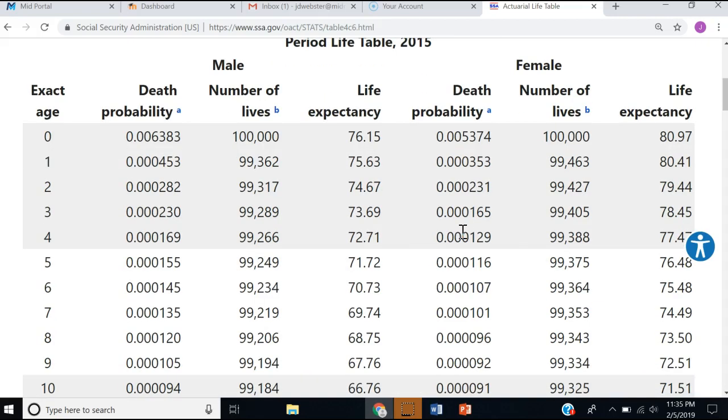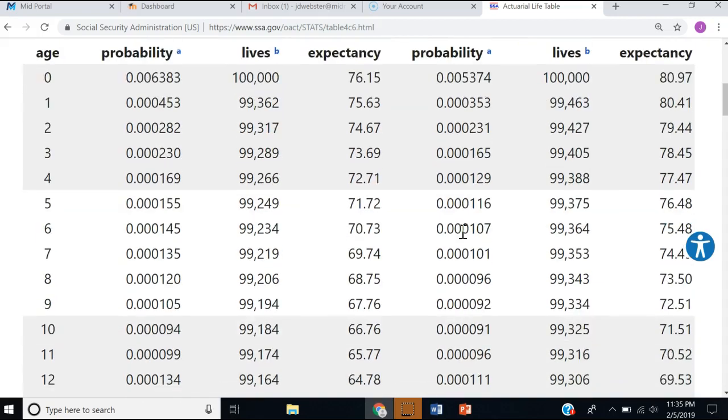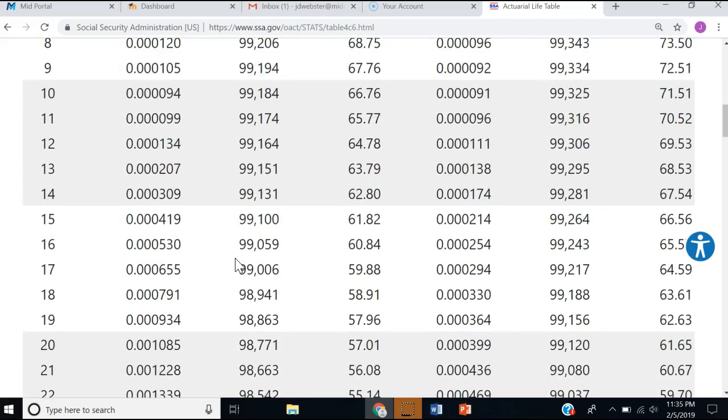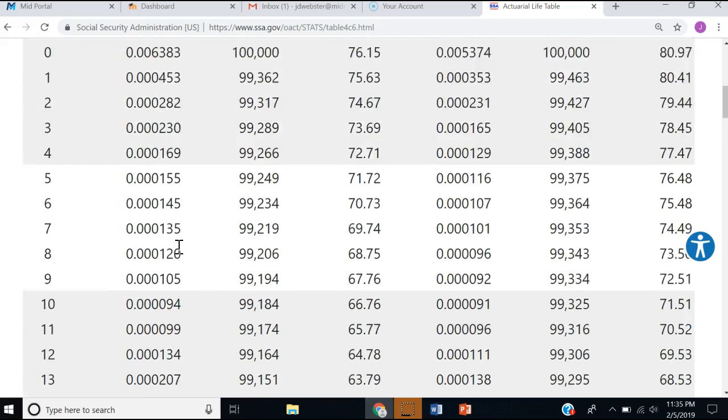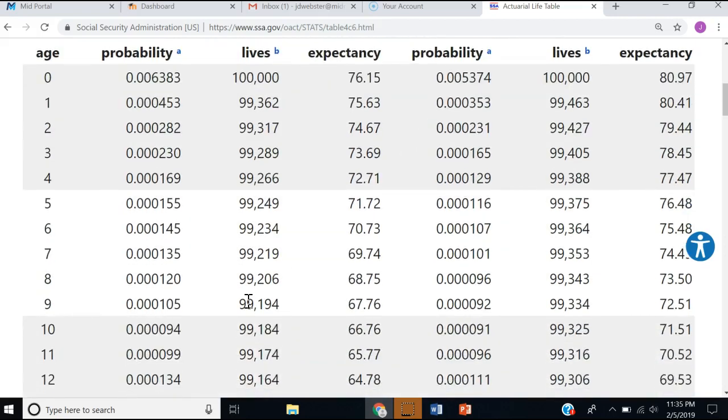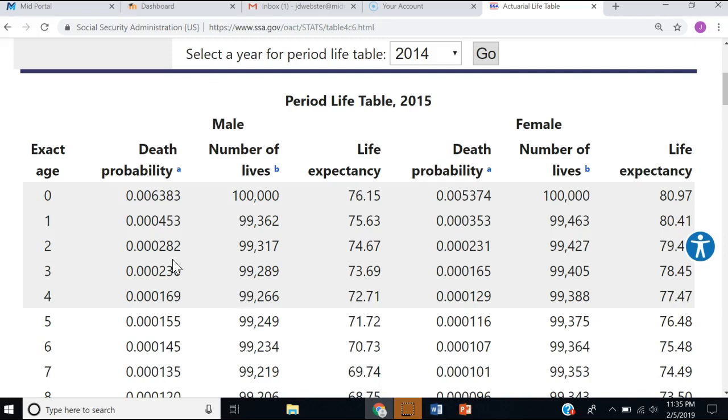There might be one age that's different, but I think for every single age, the probability of dying is higher if you're a male. So even at birth, males have higher death rates than females do. These are, again, children who were born. So at every single age, males are more likely to die.